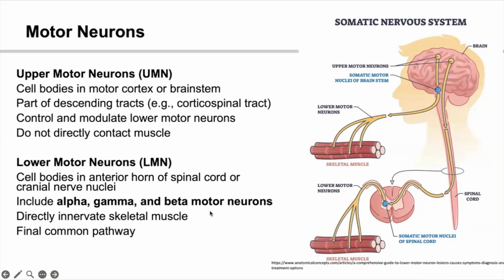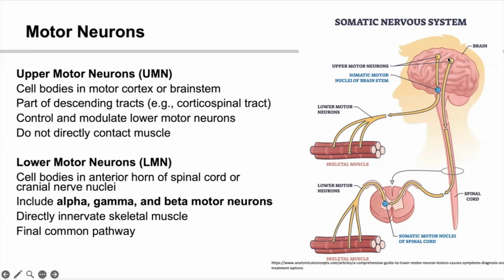Motor neurons are neurons that carry information from the brain to the different parts of your body, or from the spinal cord to the different parts of our body. Motor neurons are of 2 types: upper motor neurons, UMN, and lower motor neurons, LMN.